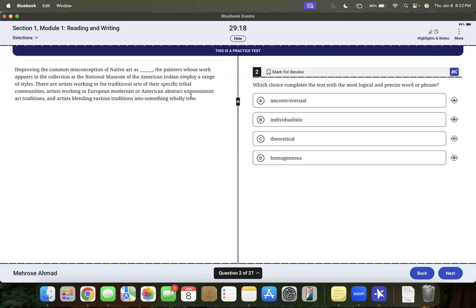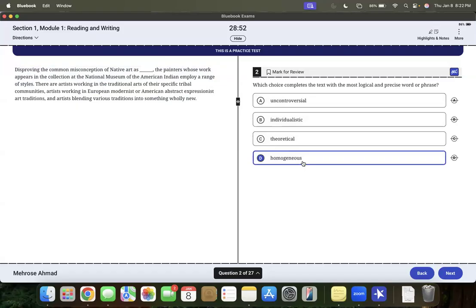So this first sentence is talking about what they're disproving. So, what are they disproving by being different? They're disproving that they're all one group, right? They're disproving the fact that they're all the same or all have this traditional typical style, because they've done so much in so many different groups. So again, process of elimination, what makes the best choice? Homogeneous means things being the same.